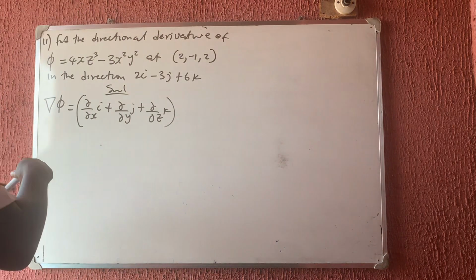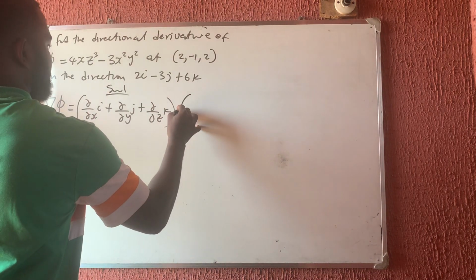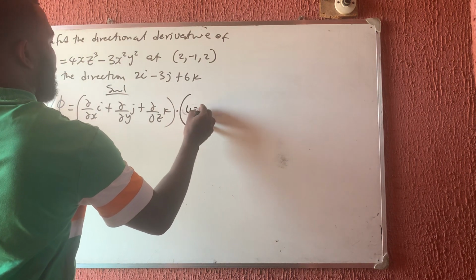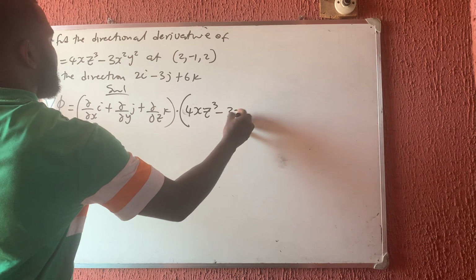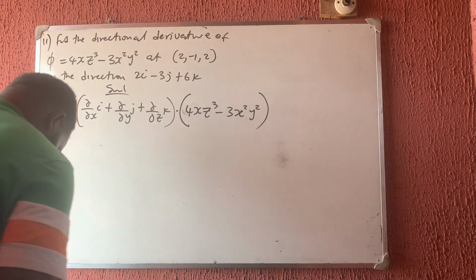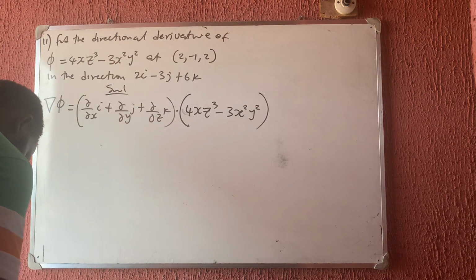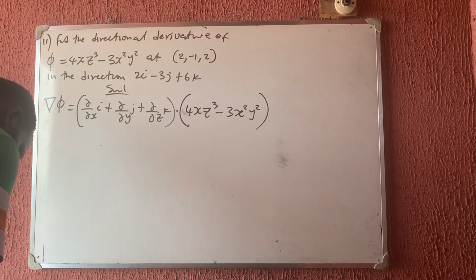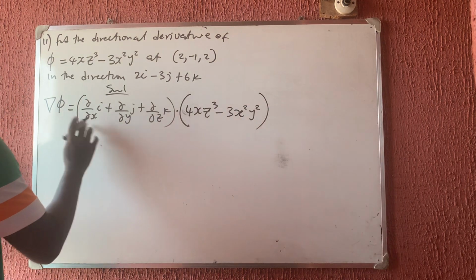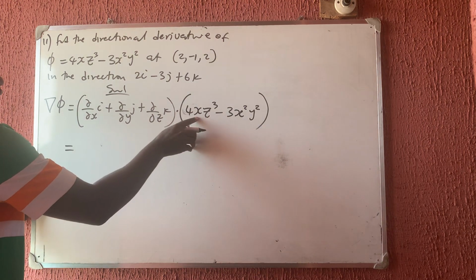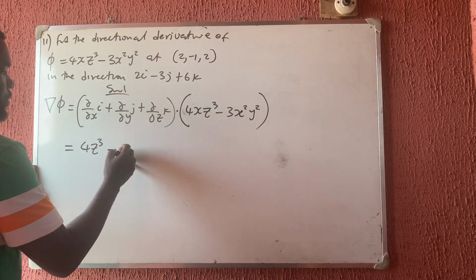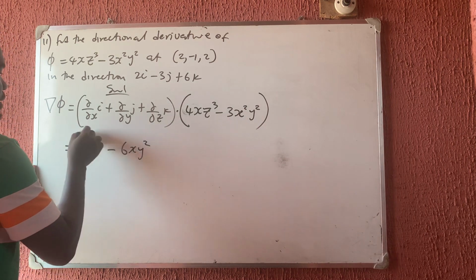So I have del into these, 4xz cubed minus 3x squared y squared. Now if this one meets this, it means differentiating with respect to x. So for this one I'm going to have 4z raised to power 3, then minus, for these I'm going to have 6x y squared, then you put your what?